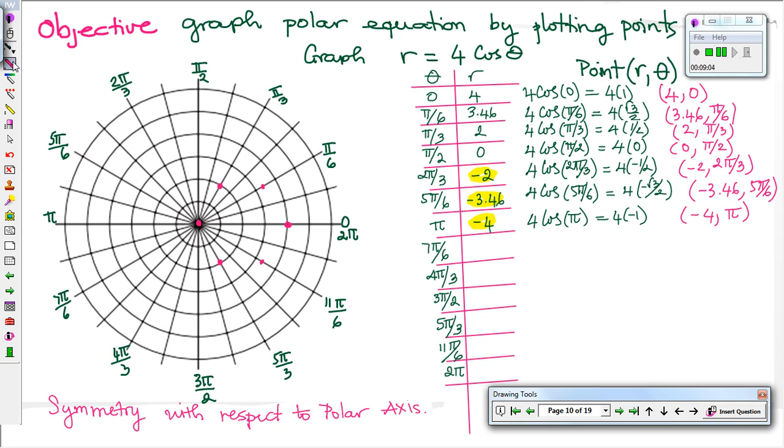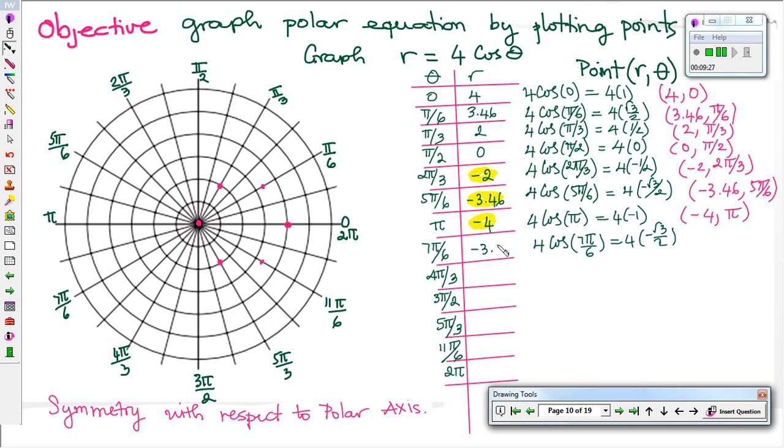Okay, now let's look at the next point. The next point is 7 pi over 6. So we do 4 times cosine of 7 pi over 6, which will be 4 times negative square root of 3 over 2.